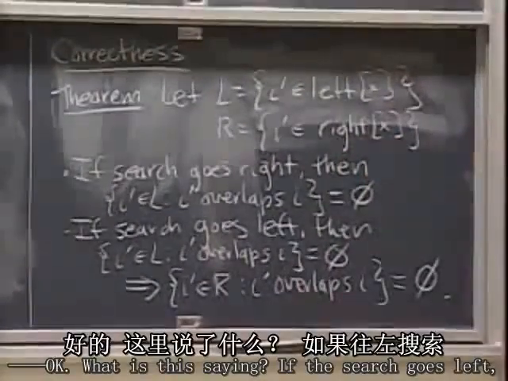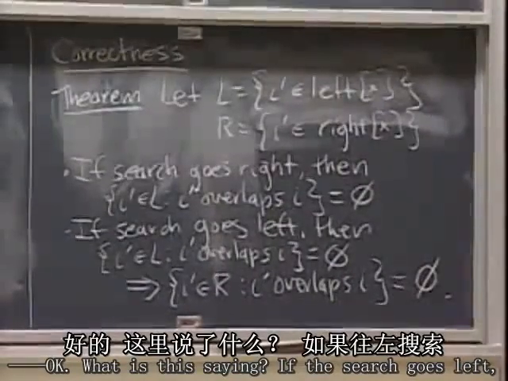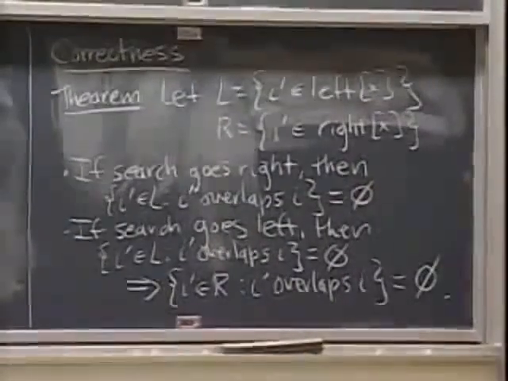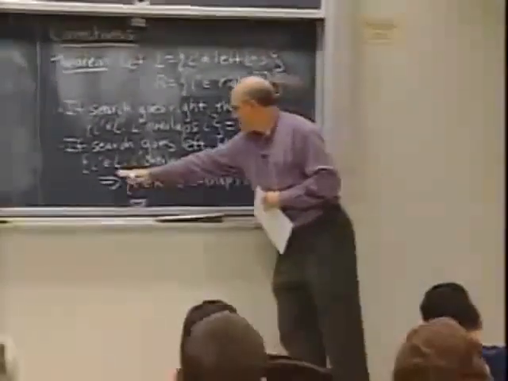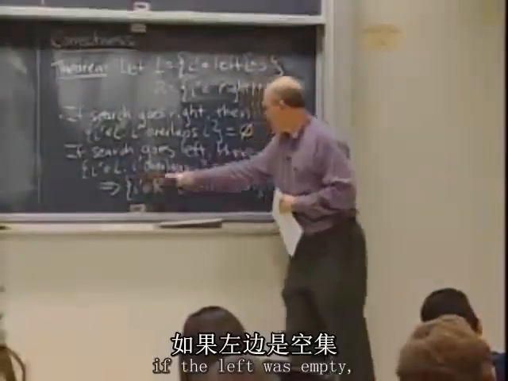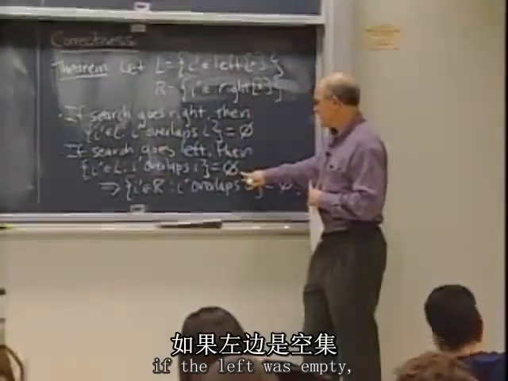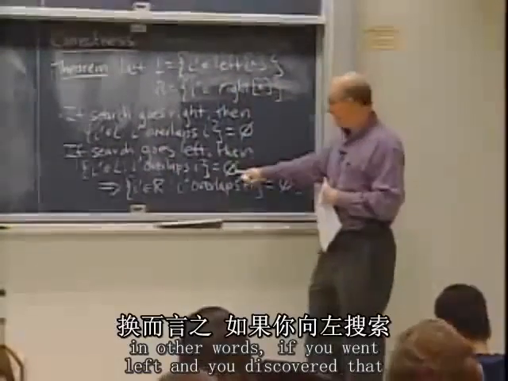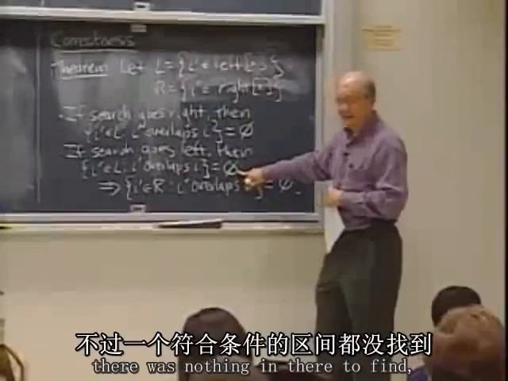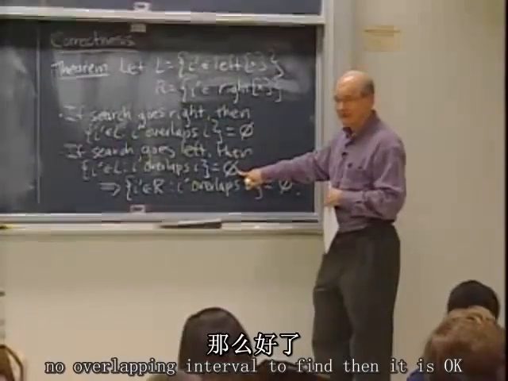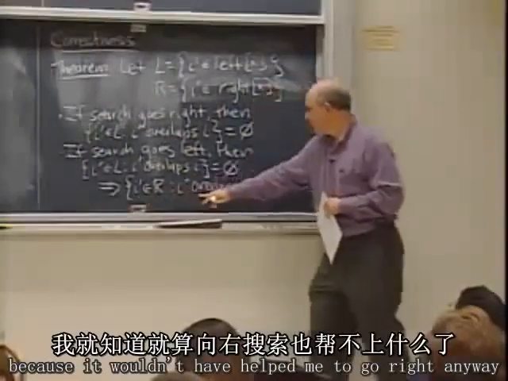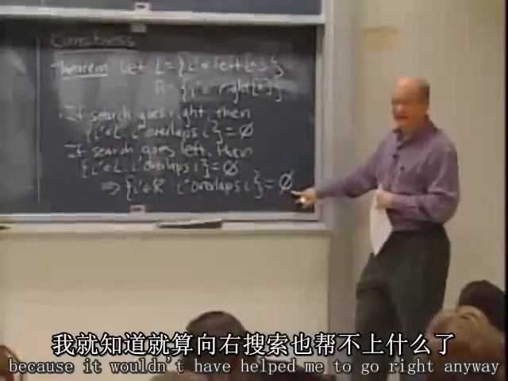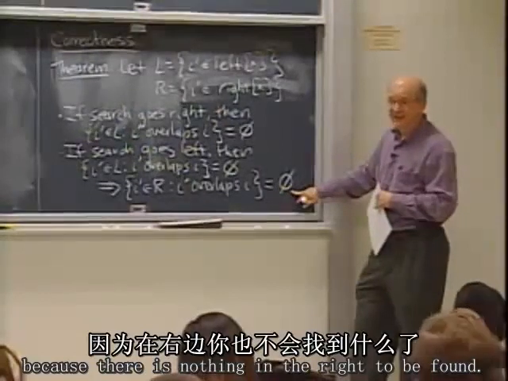Okay. So what is this saying? If the search goes left, then if the left was empty, in other words, if you went left and you discovered that there was nothing in there to find, no overlapping interval to find, then it's okay because it wouldn't have helped me to go right anyway, because there's nothing in the right to be found.